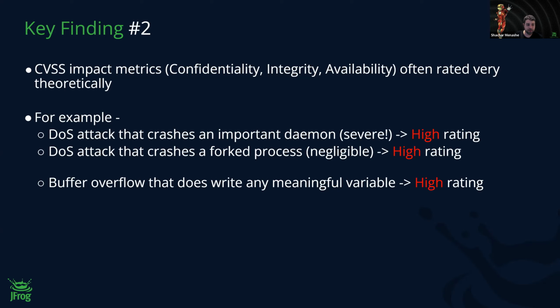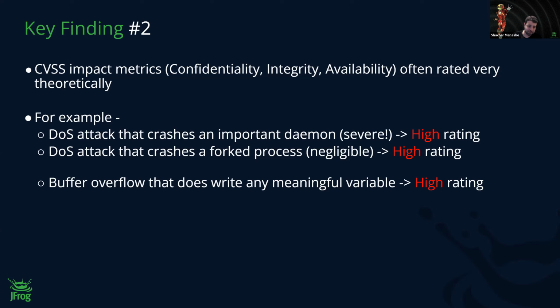So for example, if we have a vulnerability that is a DOS attack and it crashes an imported daemon, you would say, oh, okay, that probably deserves a high availability rating, because that's actually severe. And that's fine, that happens. But the problem is when there's a vulnerability that is a DOS attack, but it actually crashes a forked process. So let's say I'm opening a text editor, and it's a completely separate client process, and there's a vulnerability that crashes that.